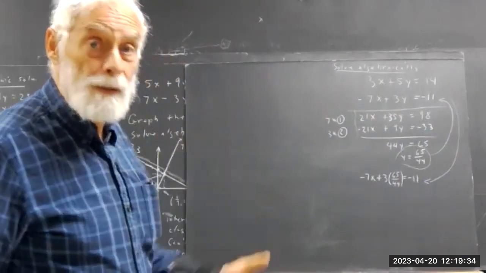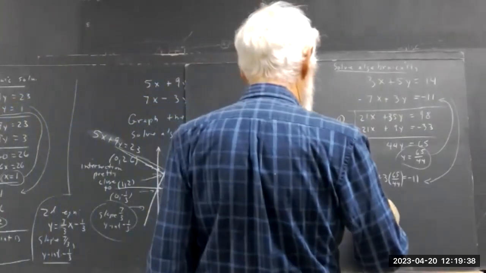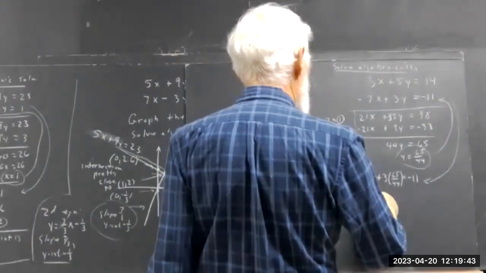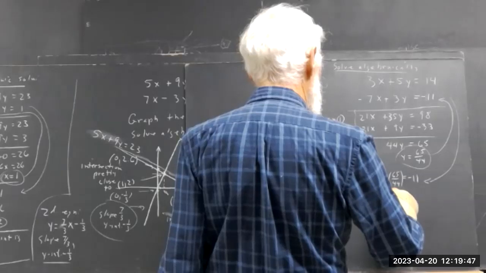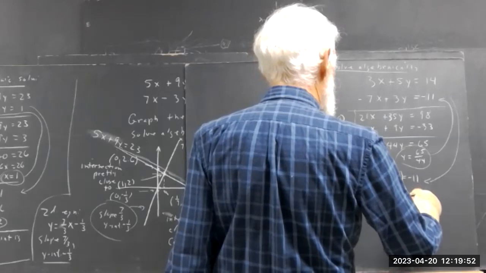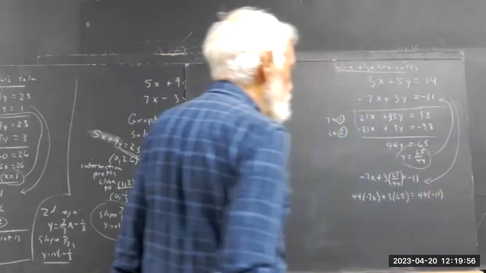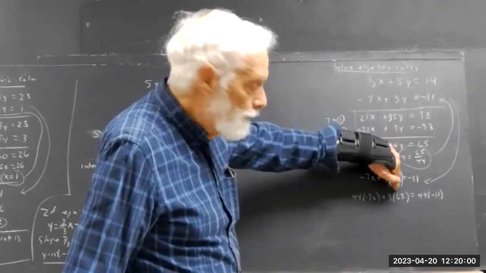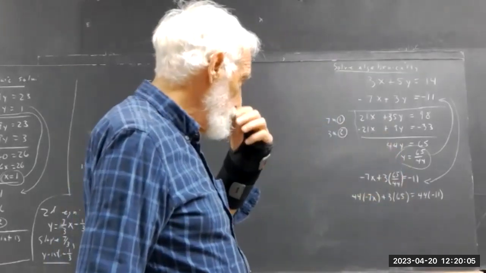Then I multiply everything by 44. And when I multiply this by 44, the 44 cancels the 44 in the denominator, so I only end up with 3 times 65.